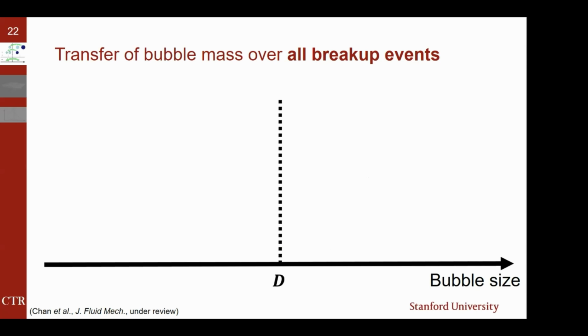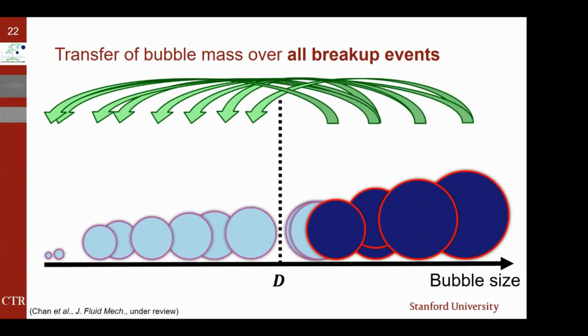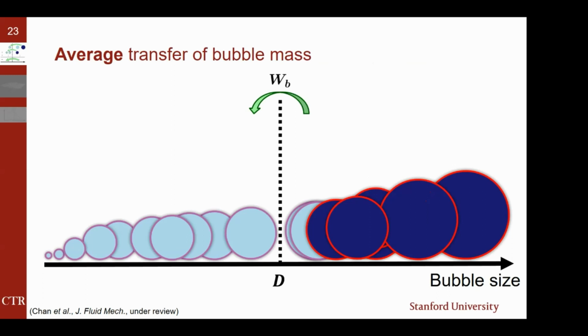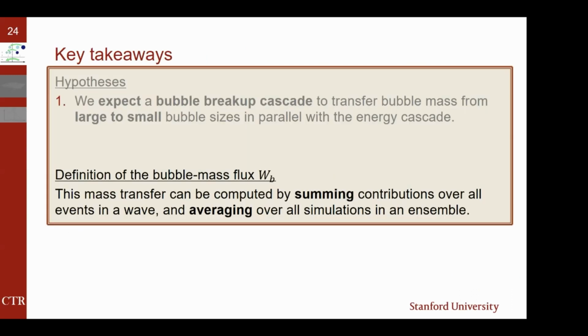So if we carefully do this accounting over all the breakup events in the system, add everything together, then we can recover WB, this quantity we are interested in, the average transfer of bubble mass from large sizes to small sizes. So the next takeaway, we have defined this bubble mass transfer by adding the contributions over all the events in a single wave. And I'll come to this later. But if we have an ensemble of simulations, we can also average over all the realizations in this ensemble.